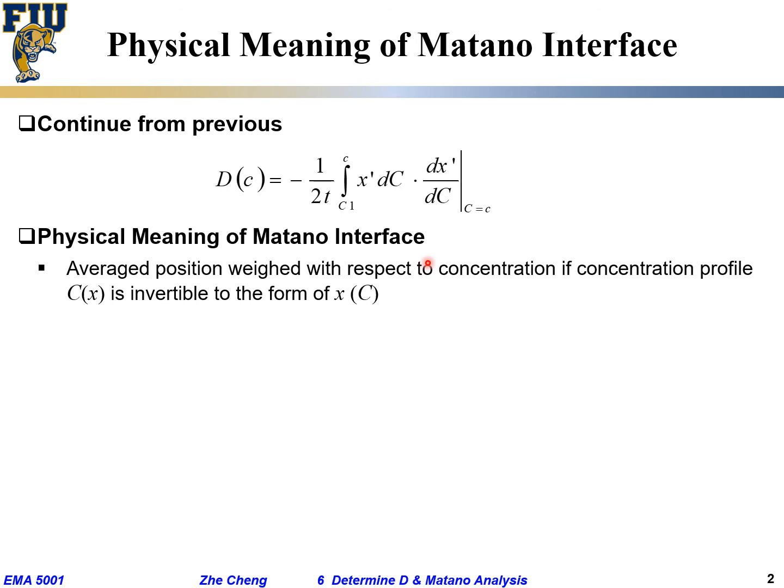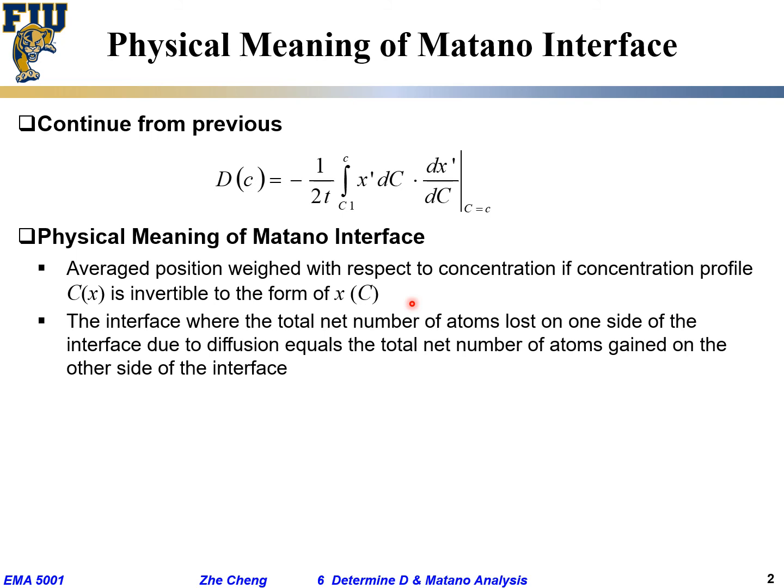Again, this is something for you to read and digest. The first one is a kind of average position. The chosen so-called Matano interface, where you put your 0 for location, is a kind of average location with respect to concentration. If the Cx is invertible, which means from Cx I can get Xc, it's just a kind of average in between.